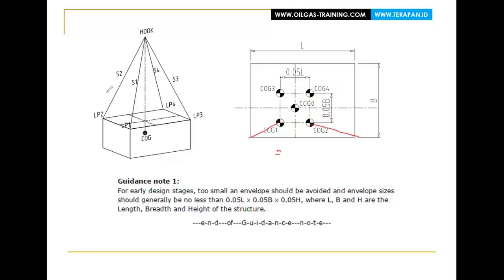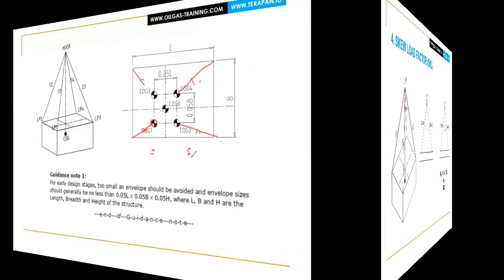Sling 1 will be maximum at the position of COG1, sling 2 will be maximum at the position of COG2, sling 3 will be maximum at COG3 and sling 4 will be maximum at COG4. Of these four maximums, the largest is what will be used to determine the sling. The illustration is about like that.